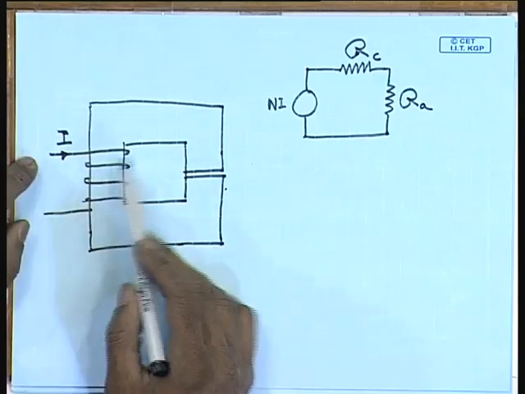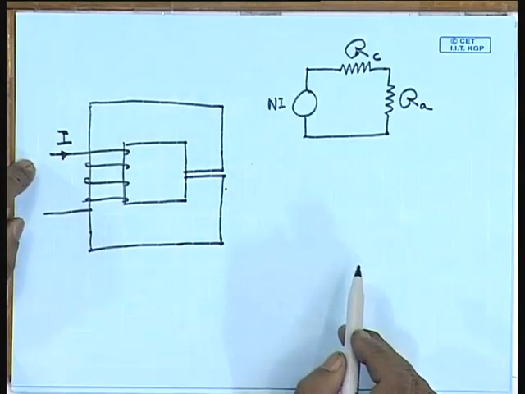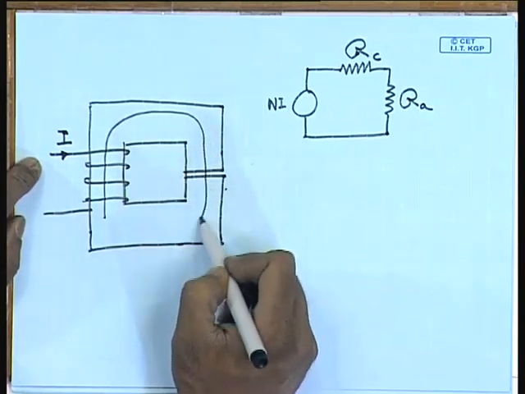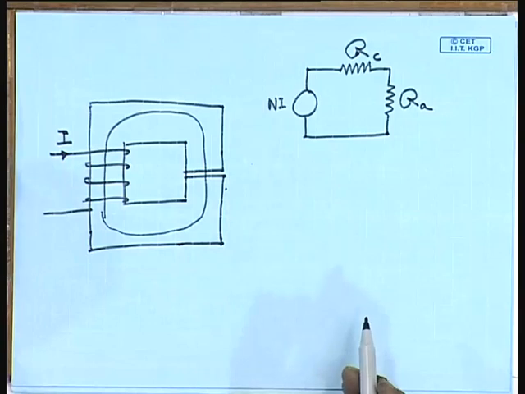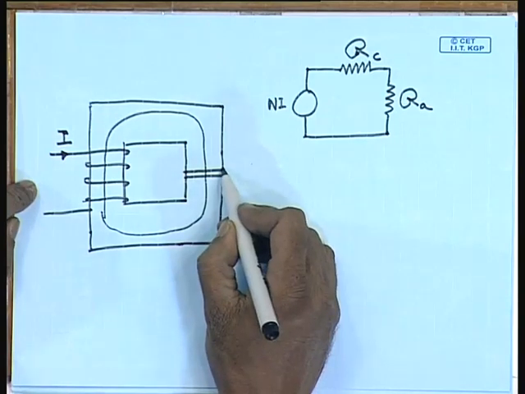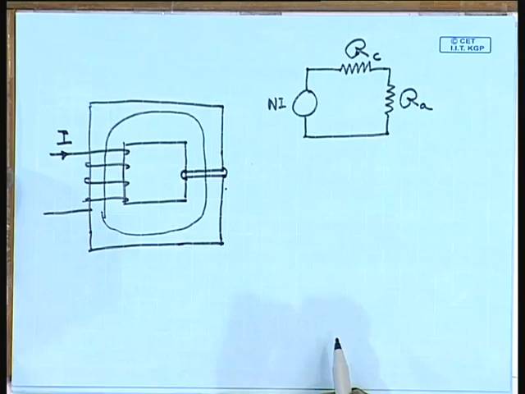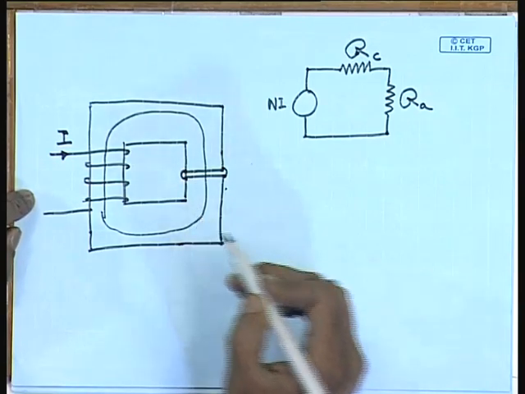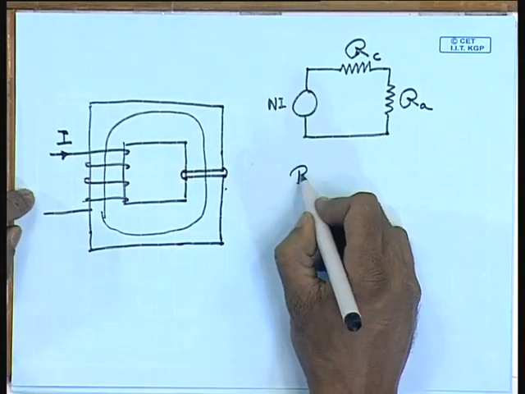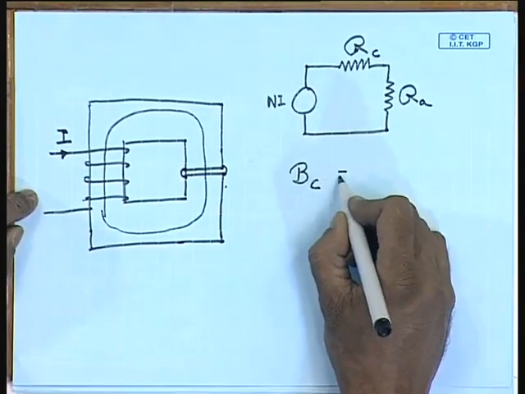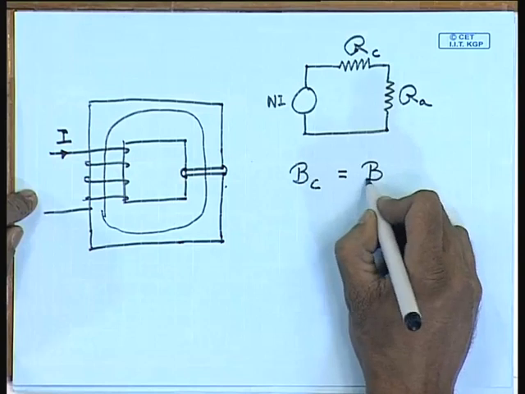Although the field intensity may be different, the total flux crossing the core material and the air gap are of course the same. If we neglect the fringing effect at the air gap, then the flux density in the core and the flux density in the air gap should also be the same.